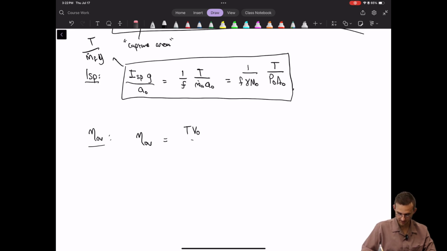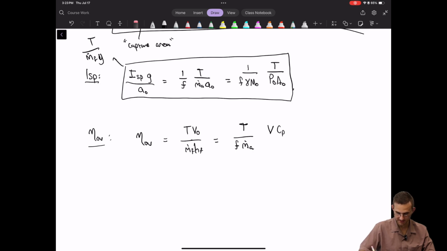So, writing out the general definition for the overall efficiency, let's try to write this in terms of our non-dimensionalized versions. So you have T divided by F times m dot A. Okay, and then on the numerator we can have V, and then we're going to multiply by 1.